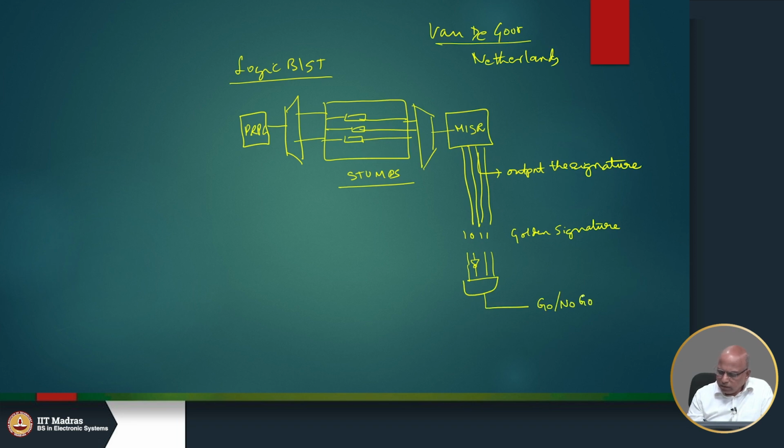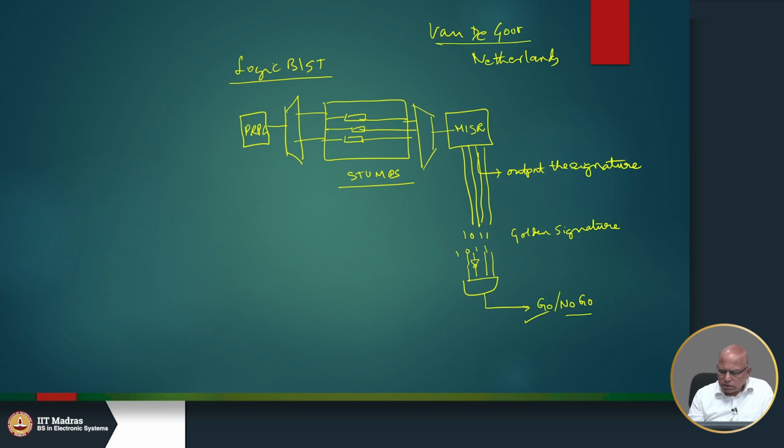Meaning, if the signature is 1011, then this guy will say I am okay. If it is anything other than 1011, it will say no, don't go. So, it will produce an error. Okay. So, this is also one way to make things happen.